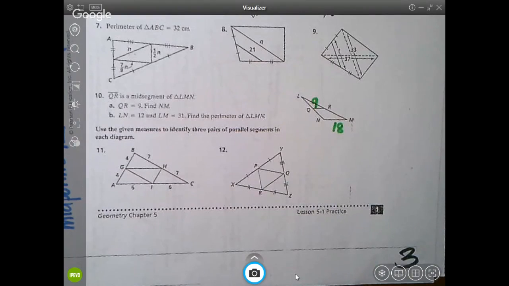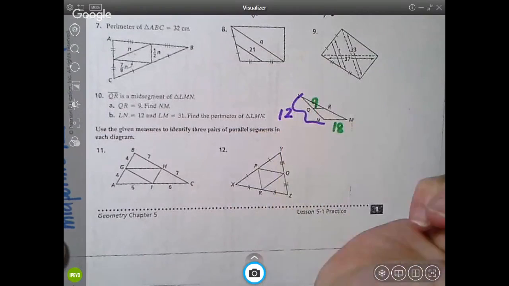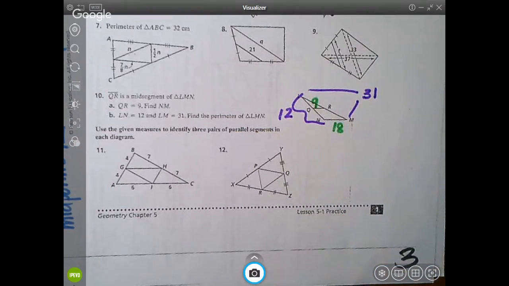Your easy test. It says LN, this long thing, is 12. And it tells you LM is 31. And it wants you to find the perimeter. So how do you find perimeter of a triangle? This is like 4th grade. Add. Do I add the 9 in also?